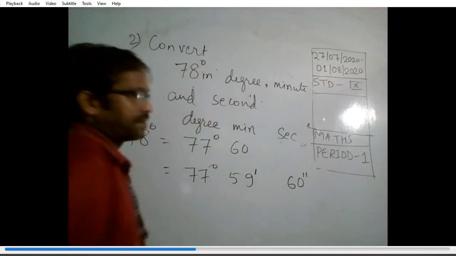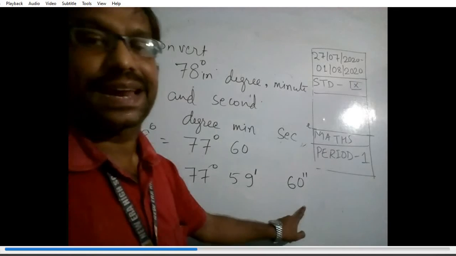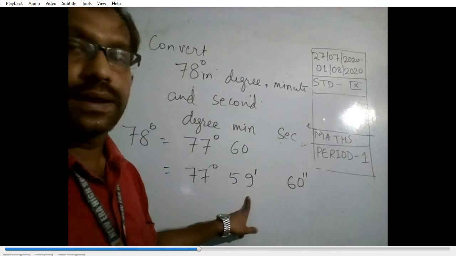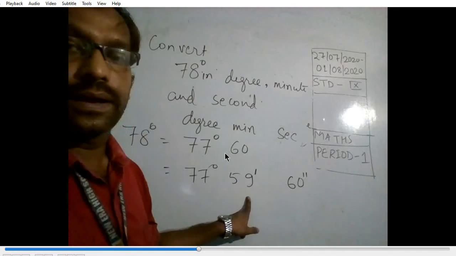So for this 60 minutes, seconds was 0. Now when I have reduced 1 minute, it becomes 59 minutes, then 1 minute will be added in seconds. For that reason that 1 minute has been converted into 60 seconds there.